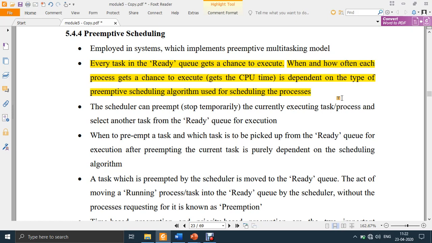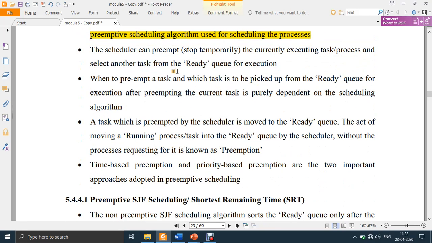It requires 10 seconds to complete, but it has got only 2 seconds, so it still wants 8 seconds of CPU time. So process 7 will go back to the ready queue and wait again for its turn, so that it can use the CPU again, because it wants 10 seconds in total. That is when and how often.